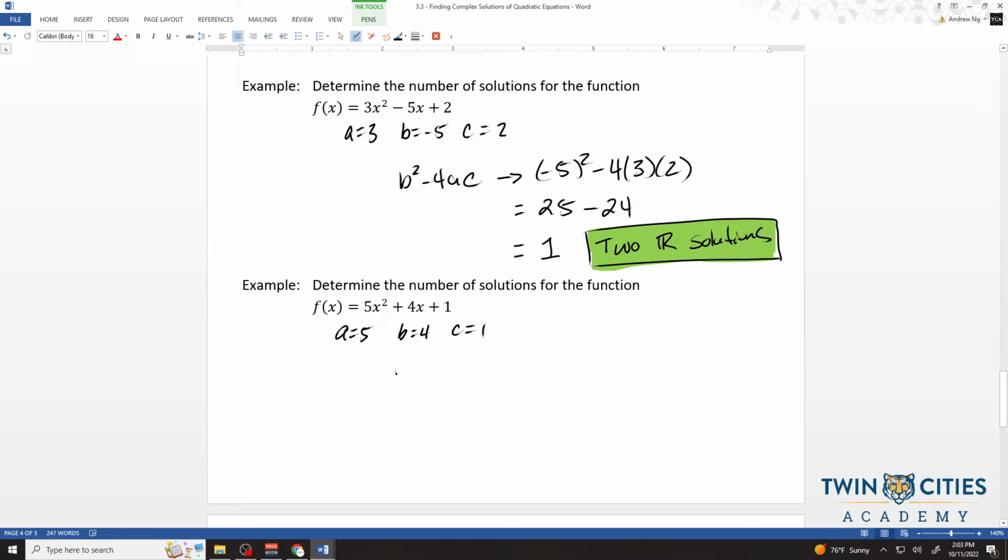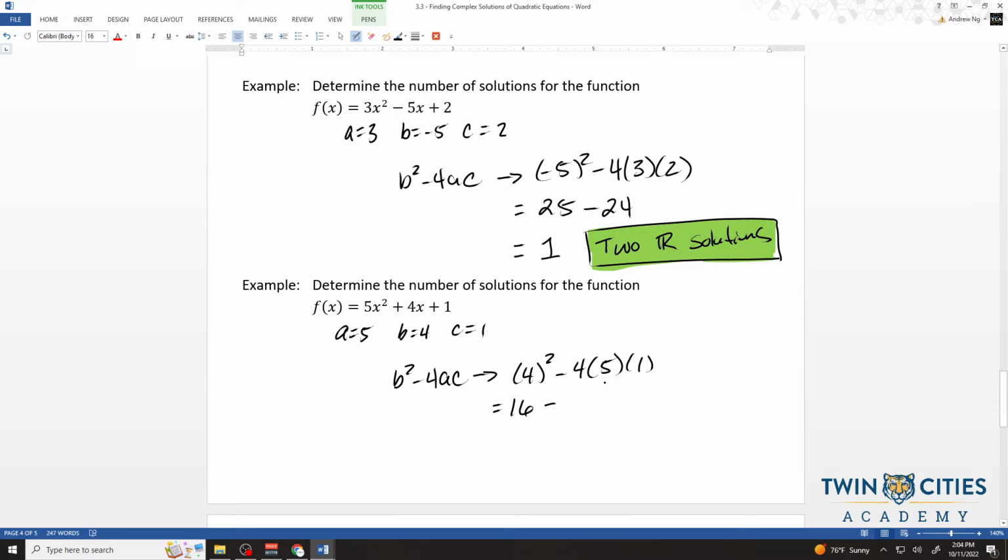So the discriminant is b squared minus 4ac, which for this particular problem reads 4 squared minus 4 times a is 5 and c is 1. 4 squared is 16.